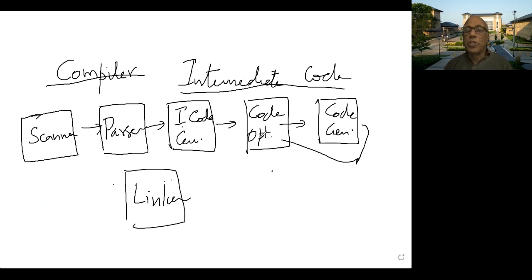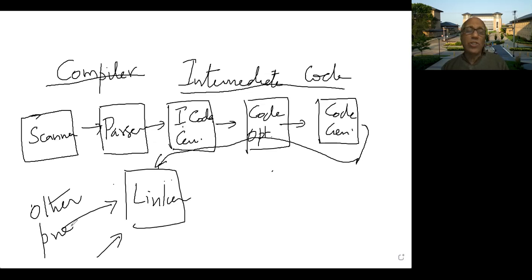So you take the machine code here and give it to a linker, which will link your program with other programs. That may or may not happen. It depends on the language. It depends on so many things. And then it is after linking that you get a final executable. Okay.